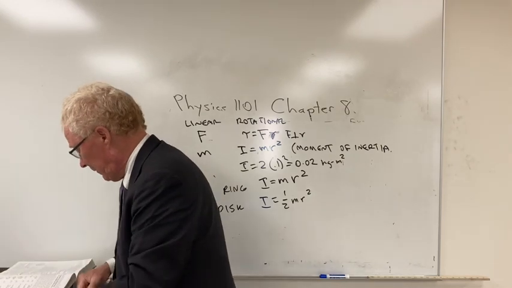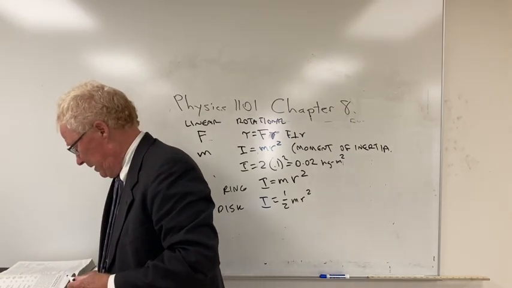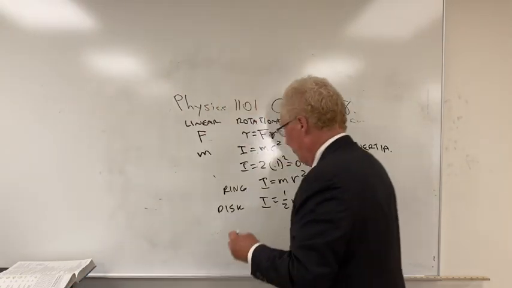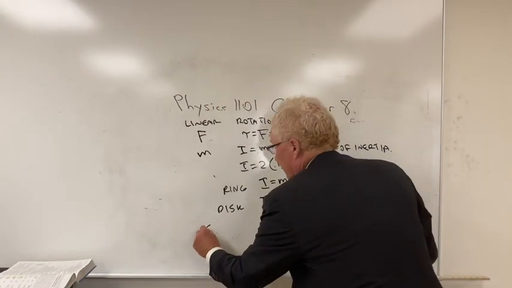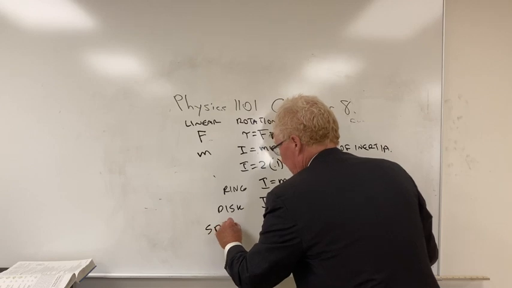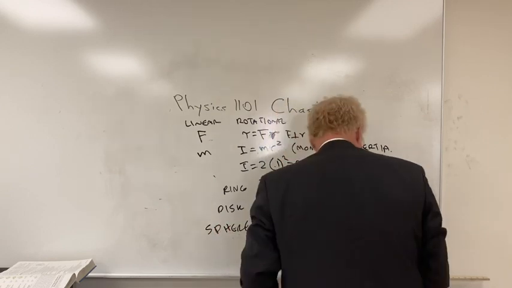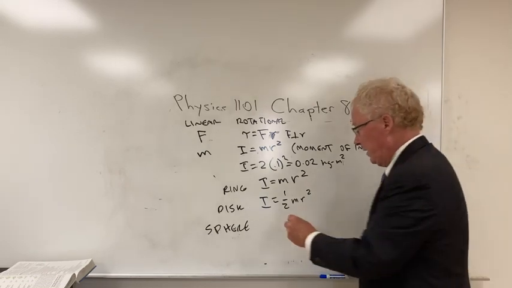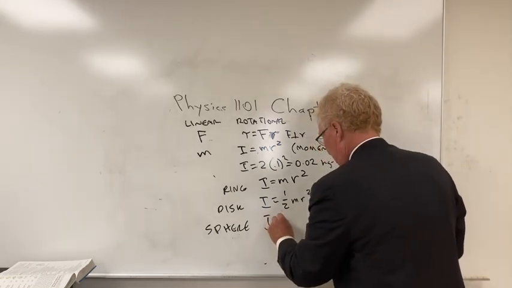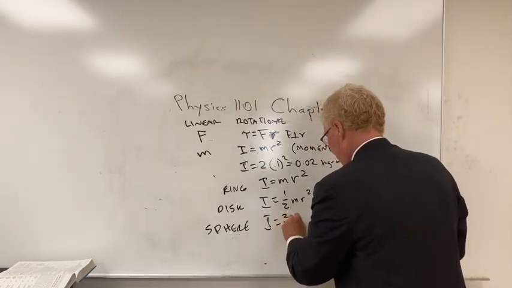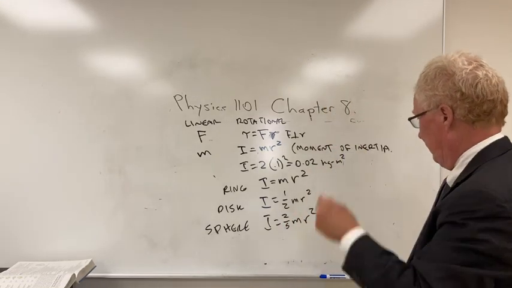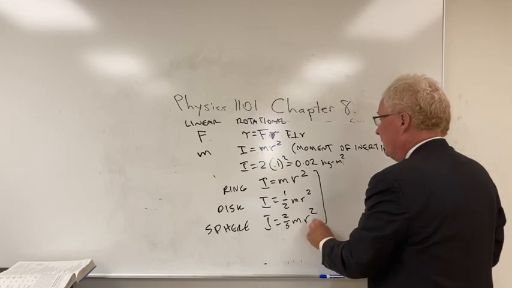And the final one will be a solid sphere, like a ball. So if you have a solid metal ball, then I is 2/5 mr squared.